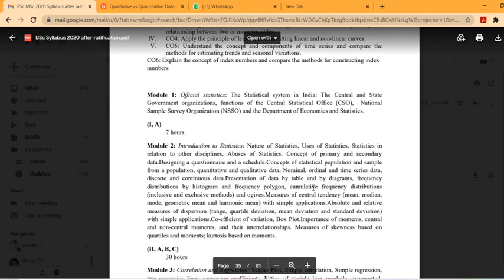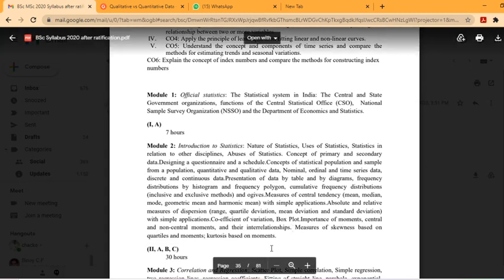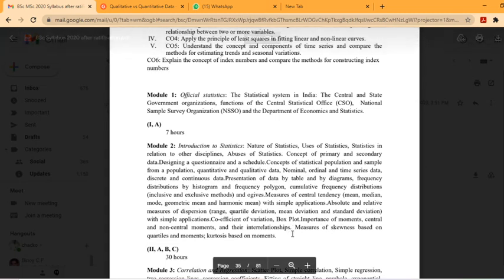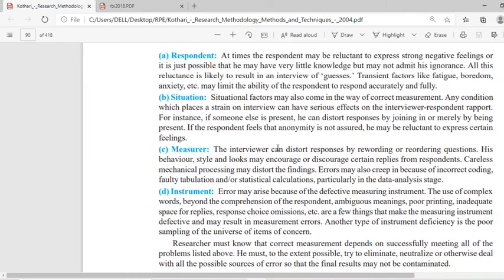Anyway, I think we have discussed the diagrams like frequency diagram, polygon, etc., cumulative frequency function. And in the next class we will discuss box plot, importance of moments, central moments, non-central moments, their interrelationship, measures of skewness based on quartiles, etc. That will be discussed next week. So before that, you can study these topics.